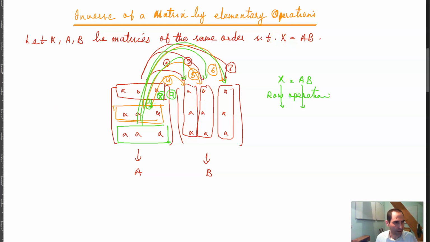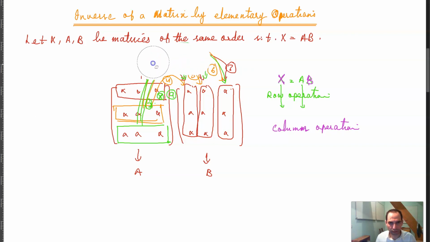But when you're doing column operations, it makes sense that you do that on X and B simultaneously, because as you can see, the matrix B is being dealt with column wise. So that way it does make sense.